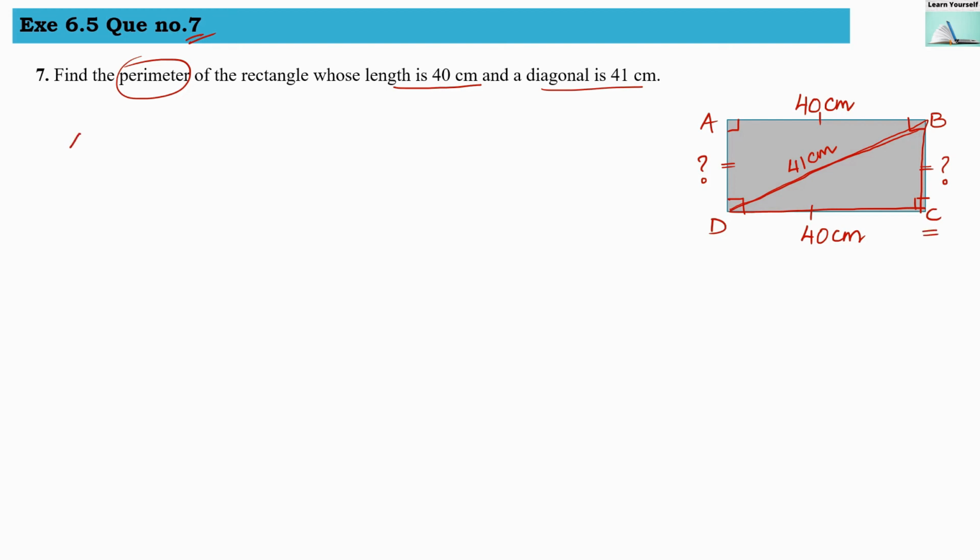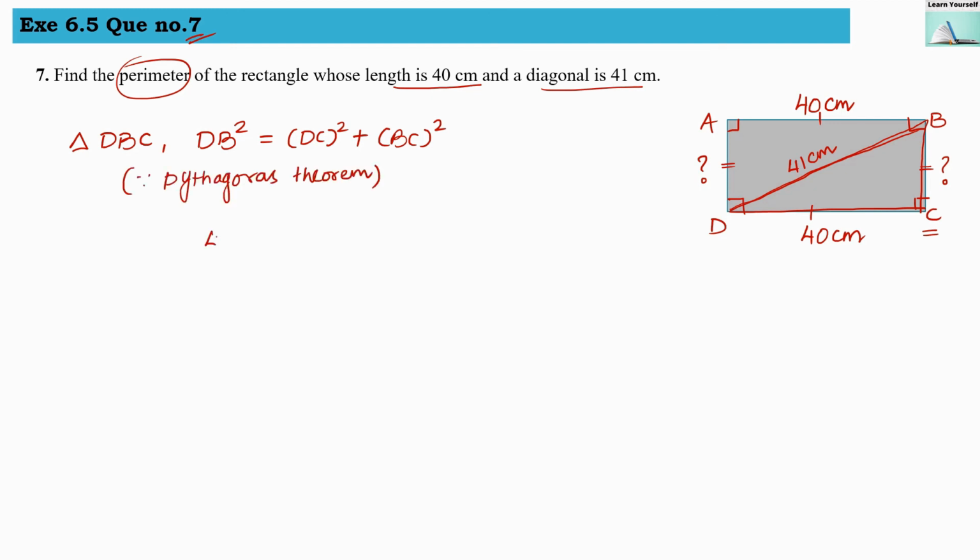So in triangle DBC, as per the Pythagoras theorem, DB square equals DC square plus BC square. So one of the sides' measure we can find out as per the Pythagoras theorem. DB square we know is 41 square. DC square we know is 40 square. And this side's measure we need to find out.